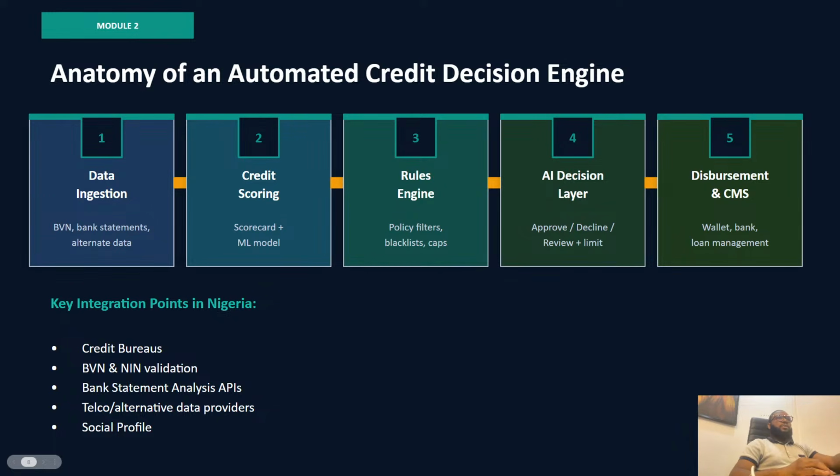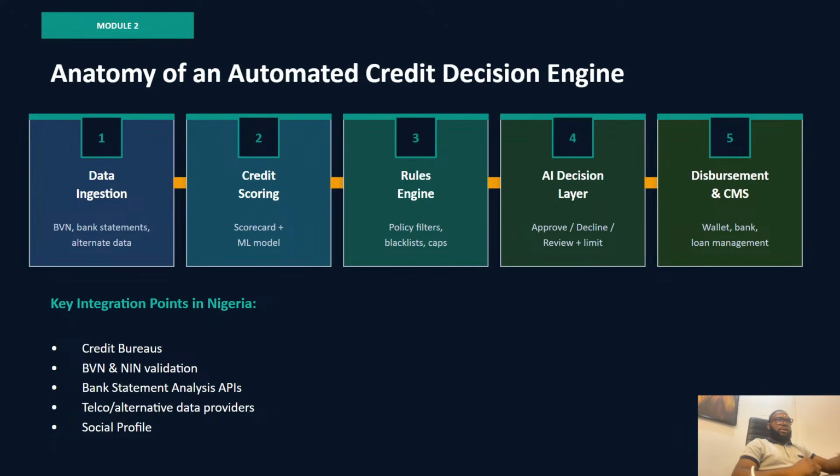And one of the most important ones is the social profile. Is the phone number registered on WhatsApp? When was the phone number registered? How many online accounts is the phone number linked to? Not just the phone number, also the email address. Is the email previously on a blacklist? Is it tied to Netflix, Amazon?